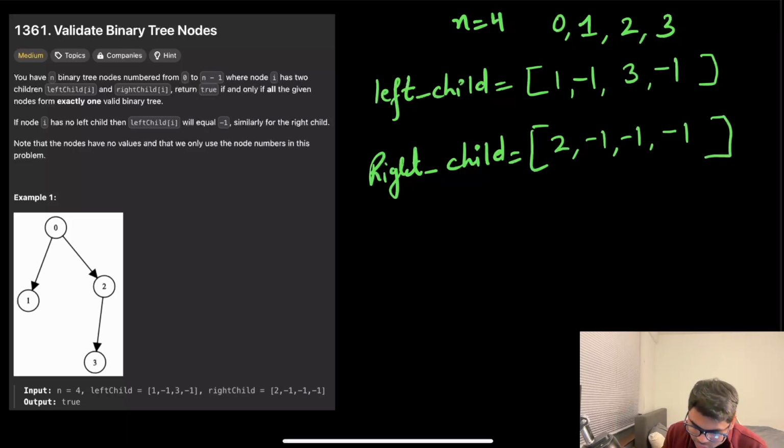We have 0, but we need to find the root, because it will not be given in our input where we have to start. The root will be something that does not have any parent, and everything else will have some parent. So how do we find it?